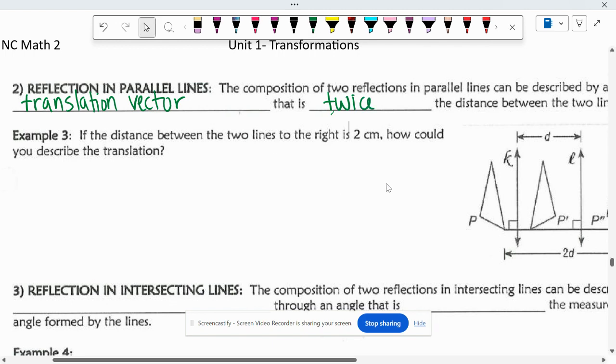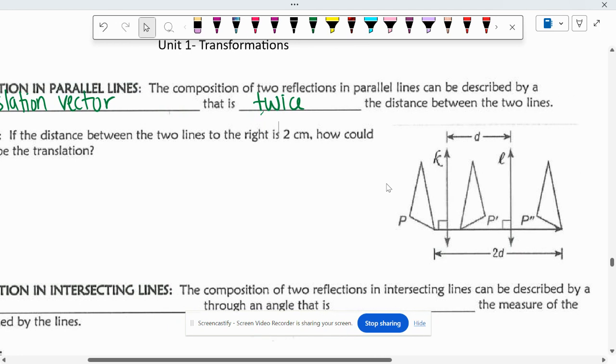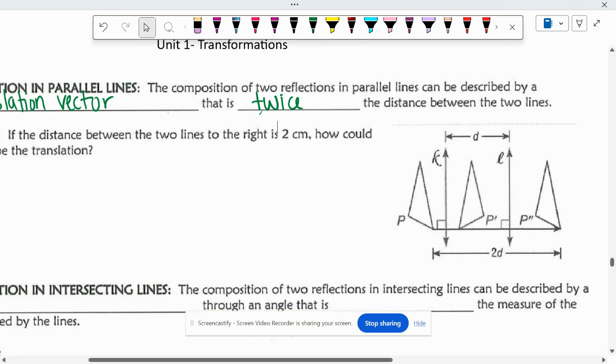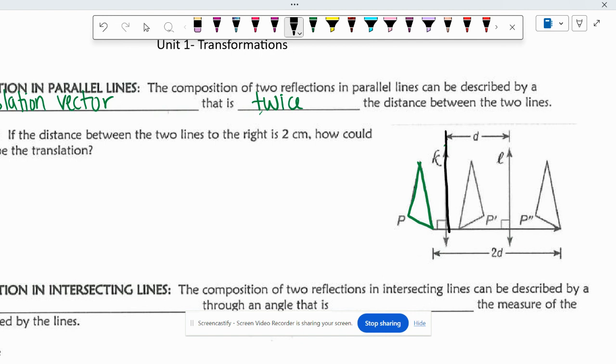So let's talk about this. If I were to take this shape, triangle P, and I were to reflect it over this line, however far it is away here, it would be that far away there. Does that make sense? Okay. So this is P prime.